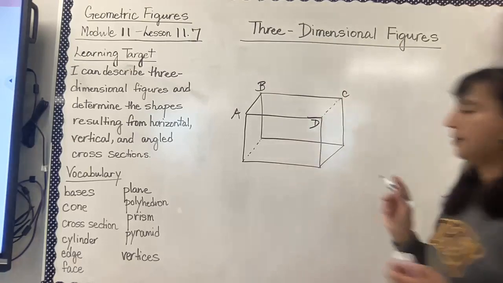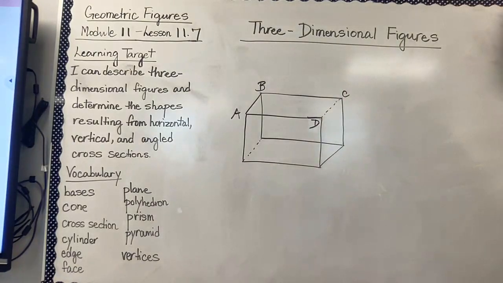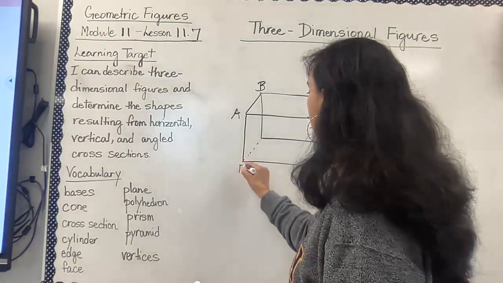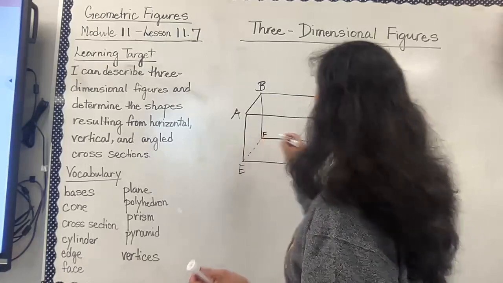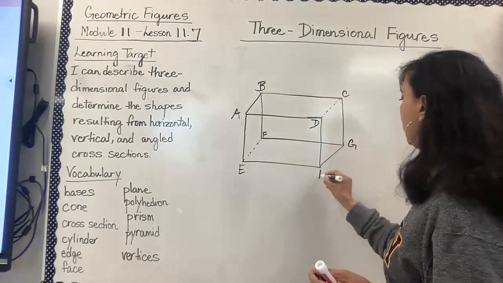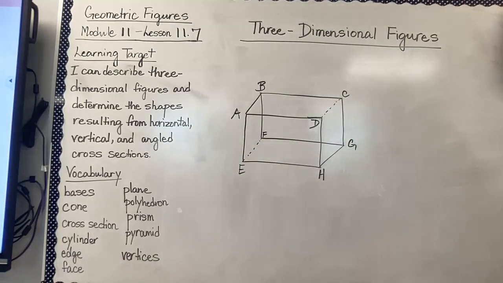This is D. And then E, F, G, and H. So I've gone ahead and labeled the different vertices.